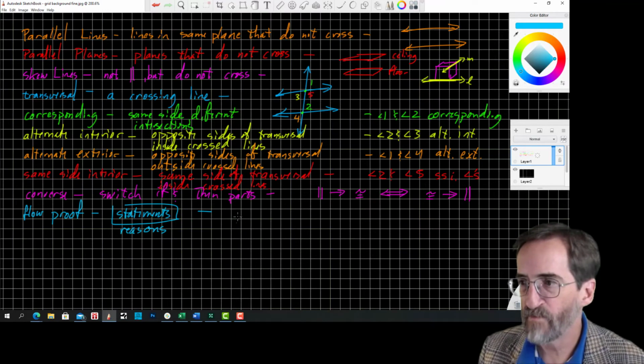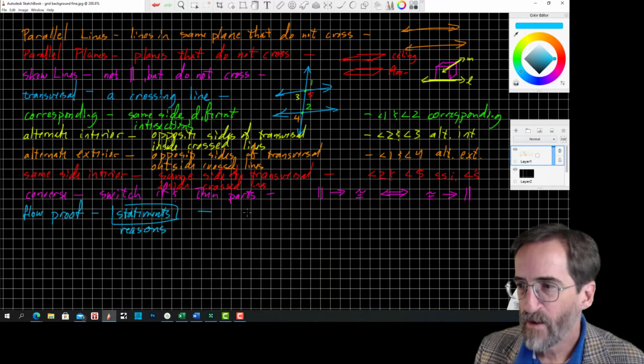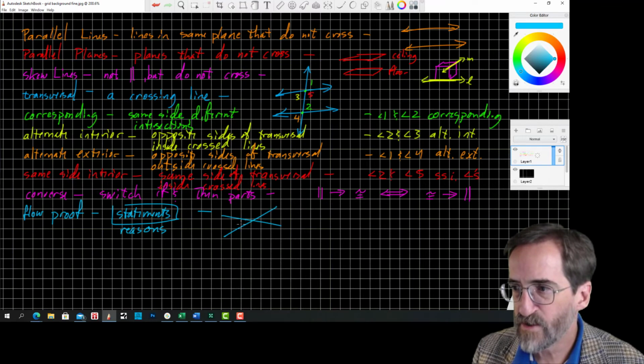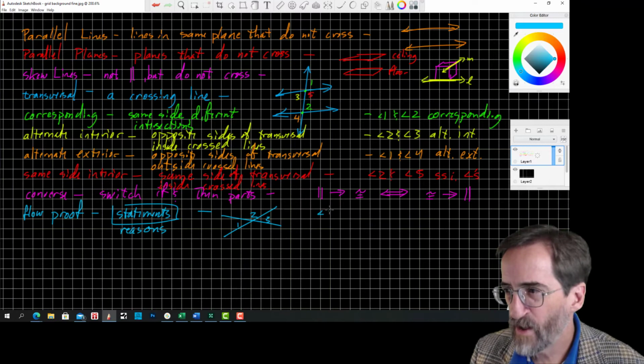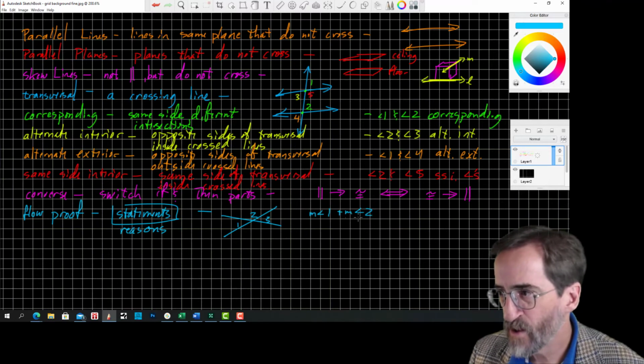Okay, here's an example. I'll prove vertical angles. So we're given these angles, 1, 2, and 3. Measure of angle 1 plus the measure of angle 2 is 180.